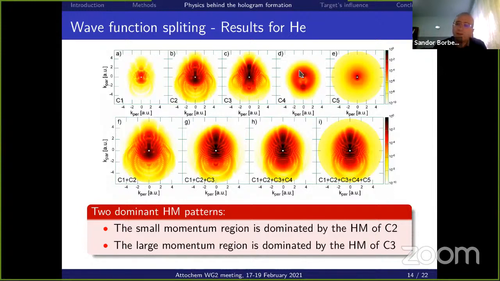The first one and the last 2 wave packets are low in intensity, so they are not so relevant. The main physics is hidden in these 2 wave packets.